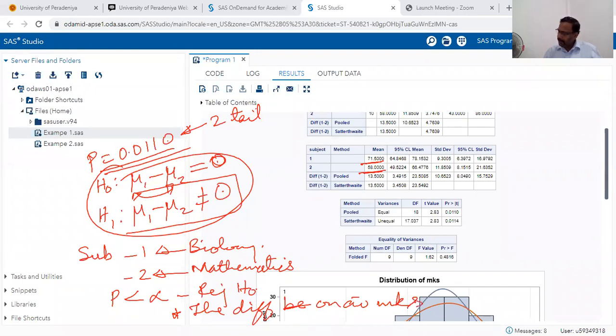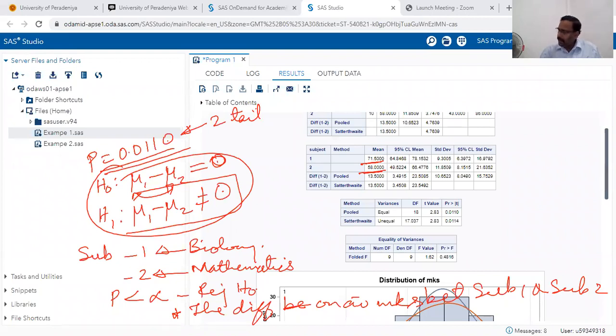There's a significant difference on average marks between subject 1 and subject 2. That is how we write. This is how we report.